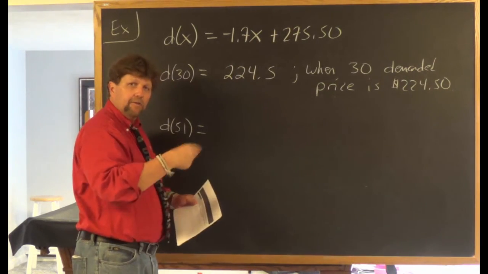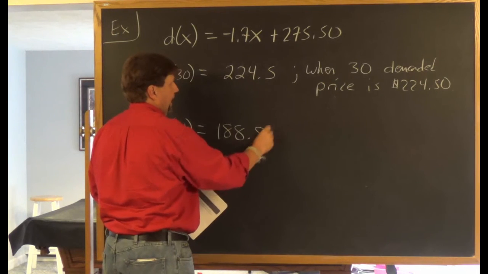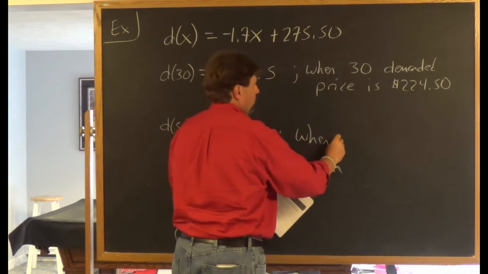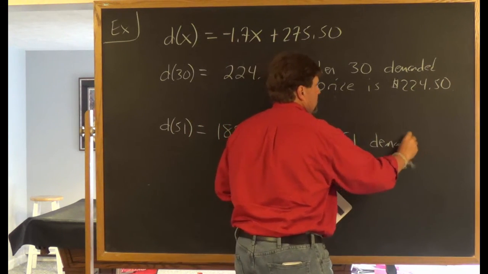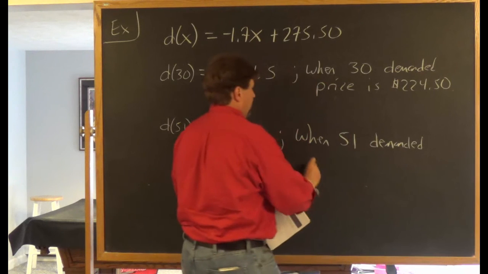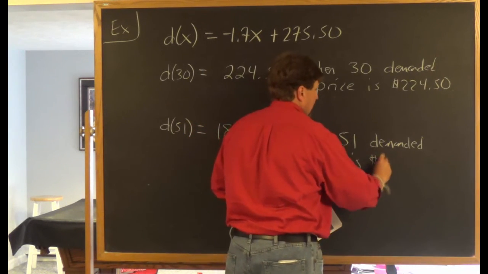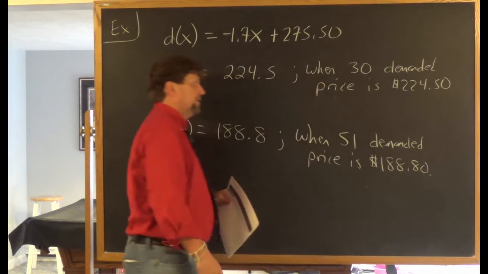For D of 51, we take 51, toss it in for X, and crank it through my calculator. I get 188.8. That just simply means when 51 tires are demanded, the price per tire is $188.80.